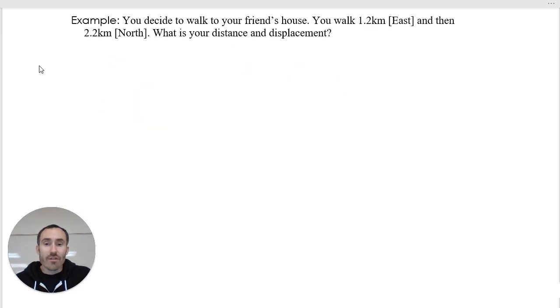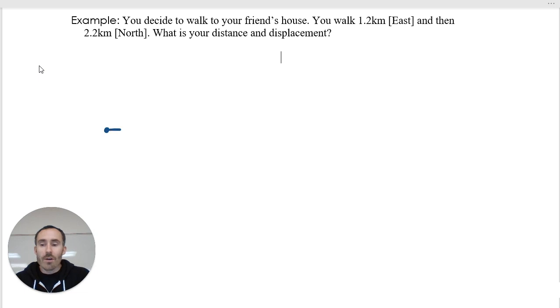You decide to walk to your friend's house. You walk 1.2 kilometers east and then 2.2 kilometers north. What is your distance? What is your displacement? So first of all, from your reference point, wherever that is, so let's say that's your house. So here's your house.